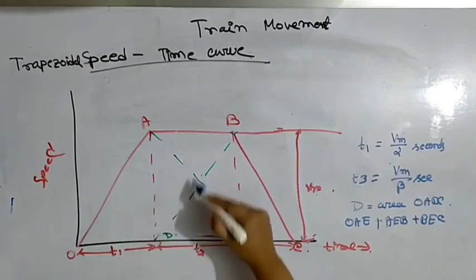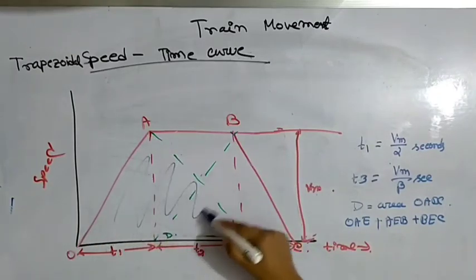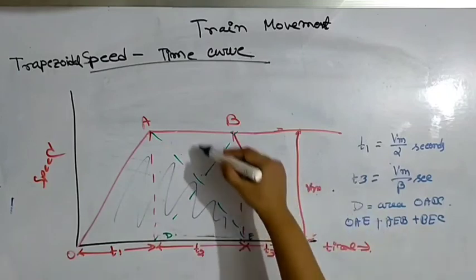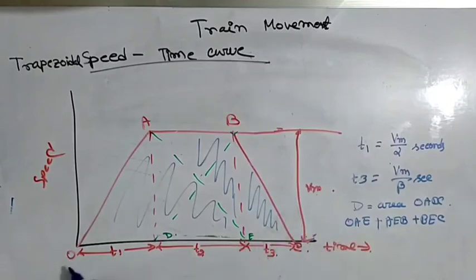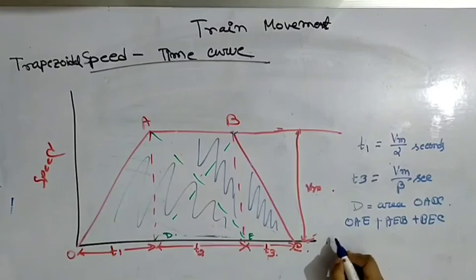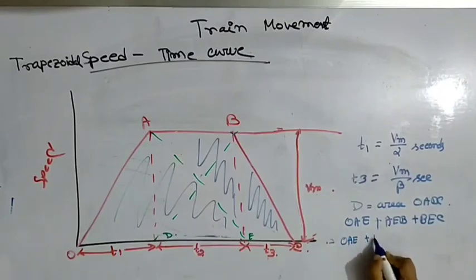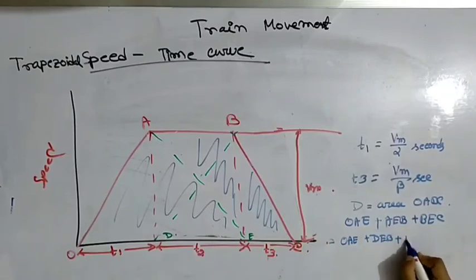So this area plus this area plus this area gives the total area OABC. Now this is equal to OAE plus DEB plus BEC. Okay.